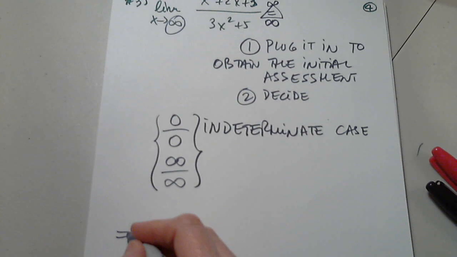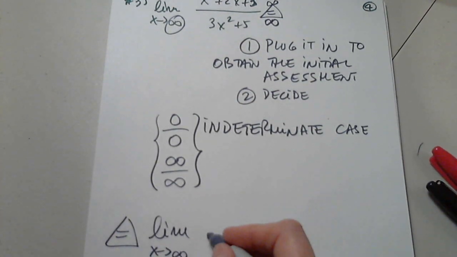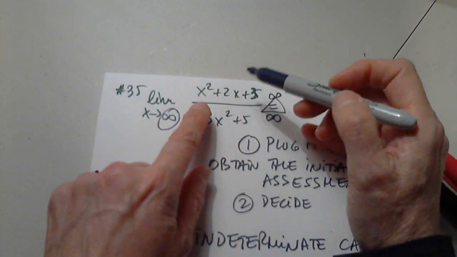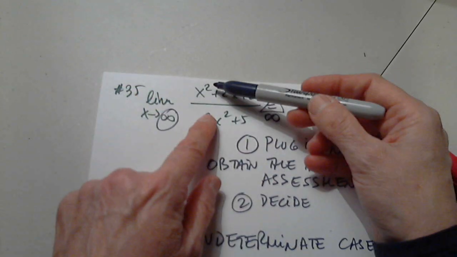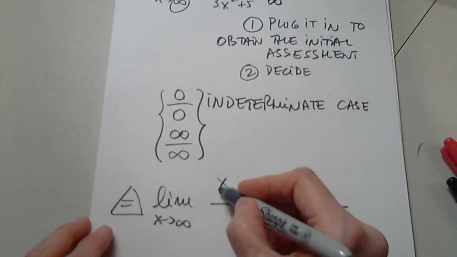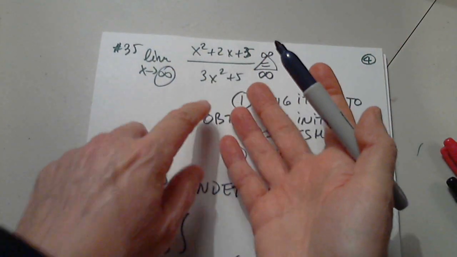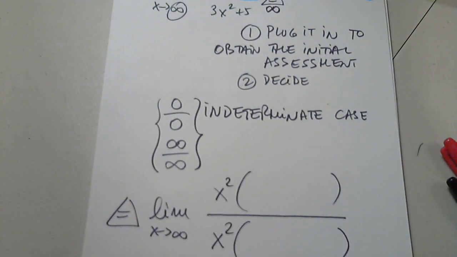Jump over all this. So let's go back. You already told me that it happens that in both cases x squared is the most powerful one. I will factor out x squared. They're not related. It just happens that the denominator also has the same degree.